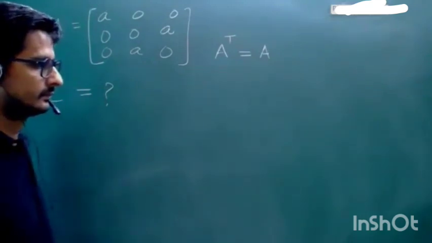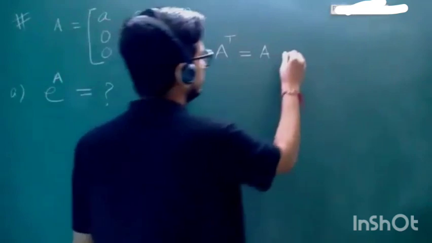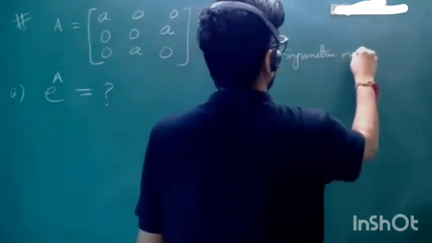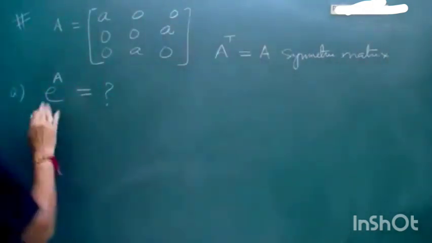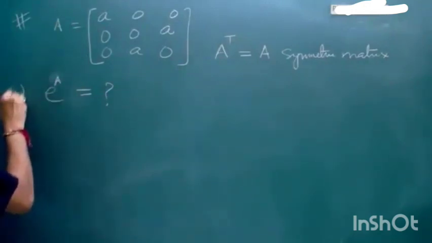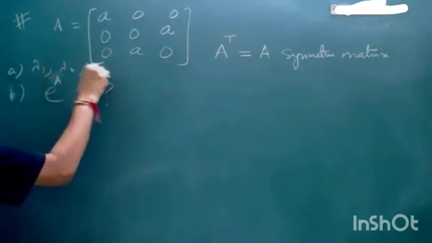To diagonalize, sir. So this is a symmetric matrix. Let me do this part B. Part A is, what are lambda 1, lambda 2, lambda 3?